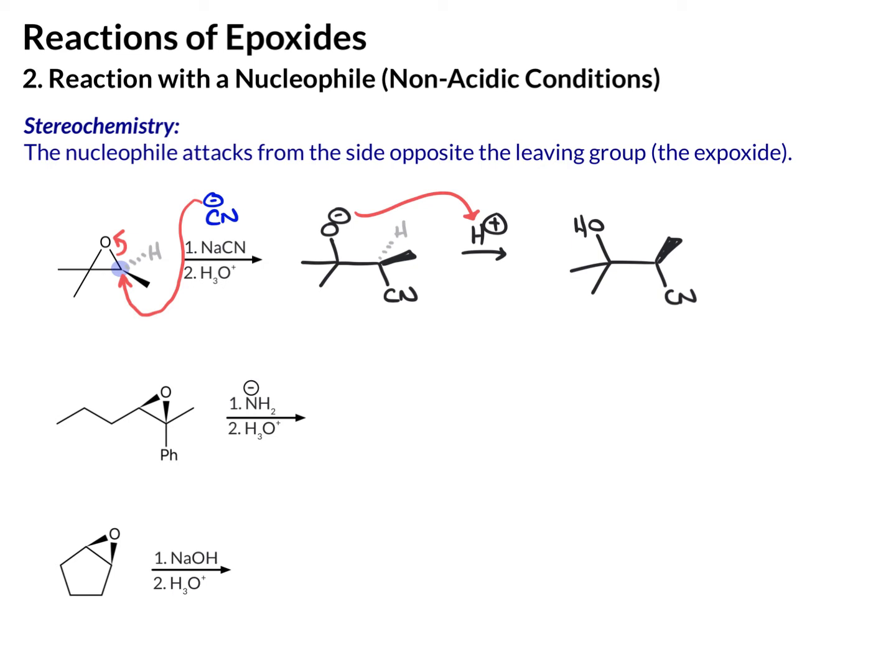In the second example, we still have the epoxide on a chain. But in this case, the epoxide was shown with dashes and wedges. So here the epoxide is on a wedge, and my nucleophile is NH2 minus. Now if you look at this, we have the two carbons of the epoxide, and the one on the left is less substituted.